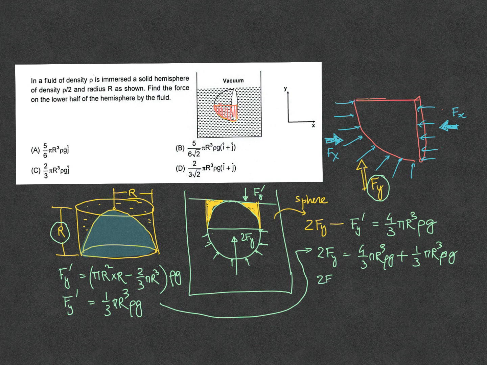So that means 2Fy is equal to 5/3 pi r cube rho g, which implies Fy is equal to 5/6 pi r cube rho g. So there is an option, and that's j cap also. So this option is correct. That is option A, 5/6 pi r cube rho g j cap, as the force is vertically upwards.